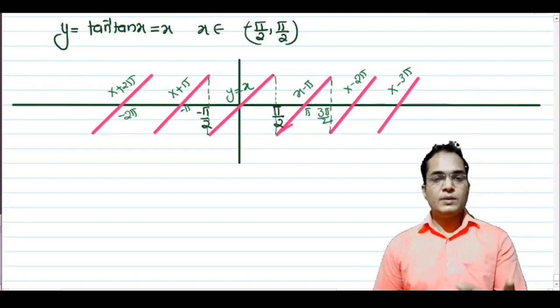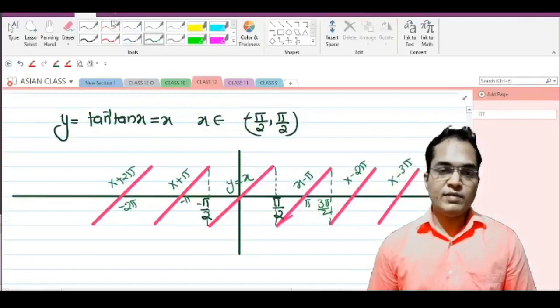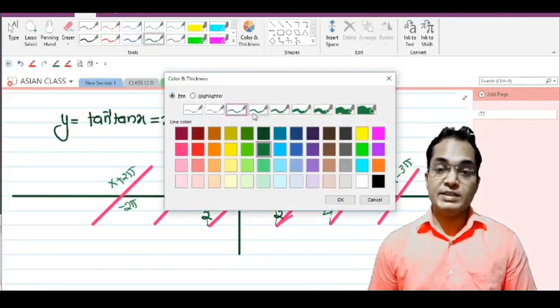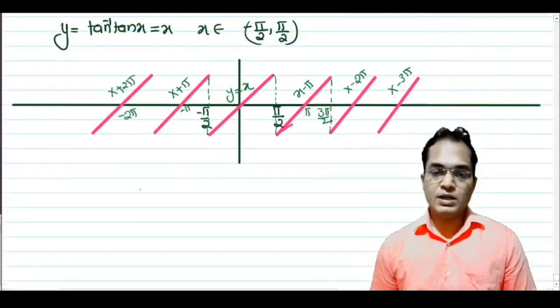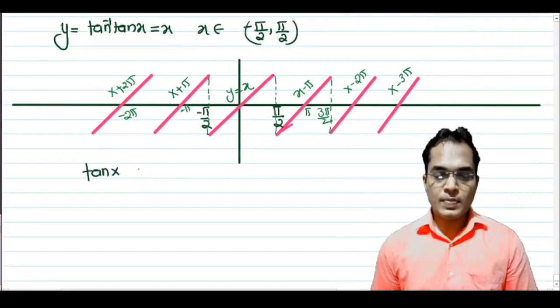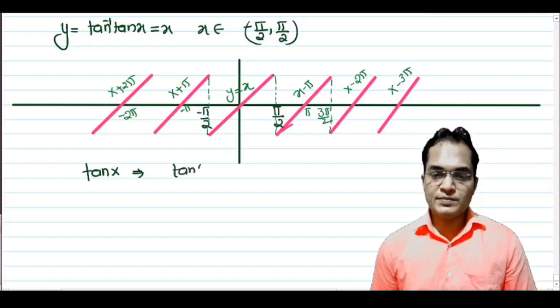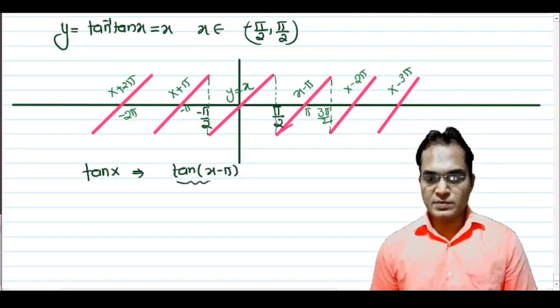Actually, by trigonometry we can easily find the equation of these lines. How? Check it. Suppose here is tan x. Then you have to find the value of tan of x minus pi.